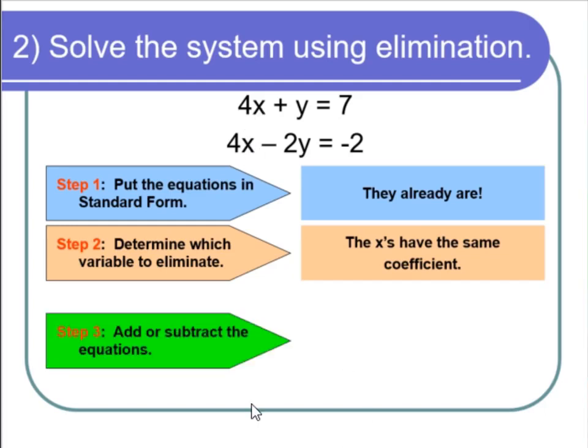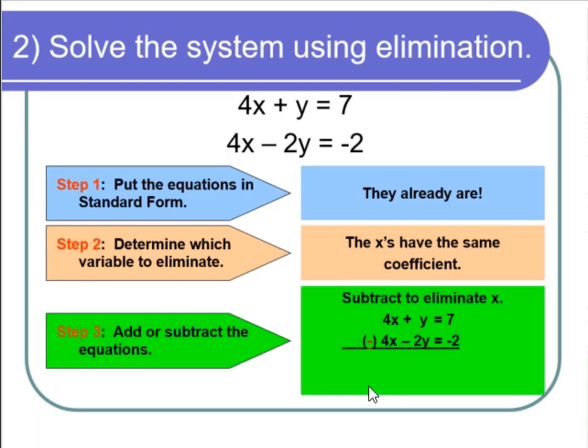Third step is to determine if we will add or subtract the equations. Since the coefficient of x is positive 4 in both, we will be using subtraction to eliminate the variable x.